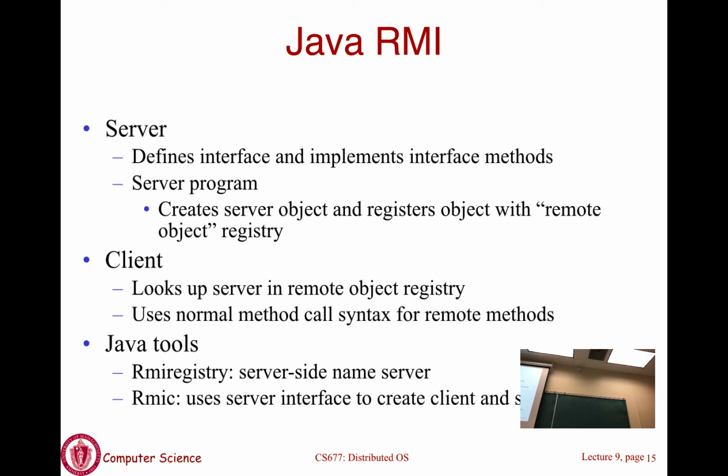There are some tools like the RMI registry, which is the name server. There's RMIC, I don't know if this is still what it is called, which is the RMI compiler that is going to generate the stub code for you. Just as in C and C++ you have rpcgen, you have similar tools in the Java world to create the Java stub code, the skeleton and the client side stub code for you.